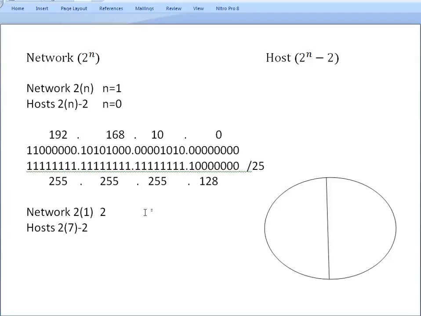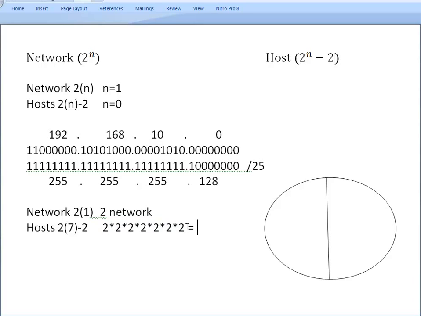2 to the power of 1 is 2. So if we borrow one bit, we get 2 networks. And each network will have, we calculate now how many hosts. 5, 6, 7. So 2 times 2, 7 times. So 2 times 2 is 4, times 2 is 8, times 2 is 16, times 2 is 32, times 2 is 64, times 2 is 128.